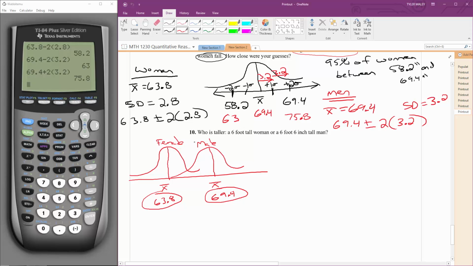So what would be more interesting to do is determine who's more of an outlier. Who's furthest away from their respective mean? To be able to do this, you need to use z values. That's a standard value. So we use z values, remember, to compare things that come from a different distribution.